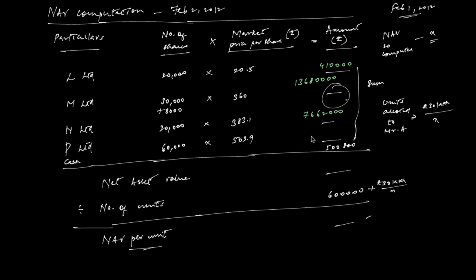Next 60,000 into 503.9, it is 30,234,000. Next, cash we already computed. It is 500,800, that is 5 lakh 800.